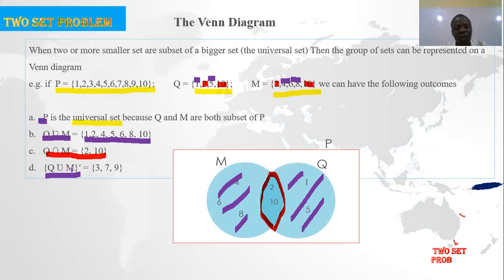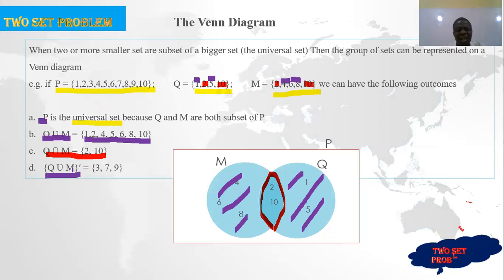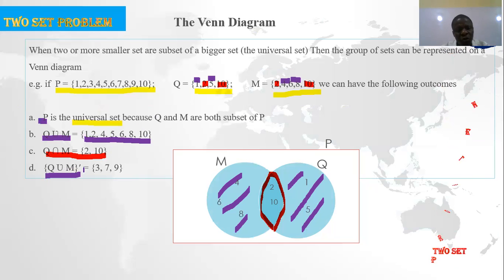So Q union M complement means which members can we add to the members of this union to give us the universal set, or the mother set. And that includes 3, 7, and 9.